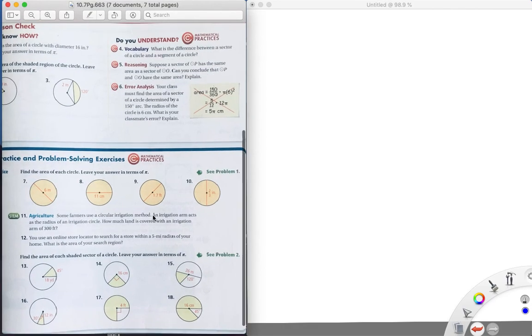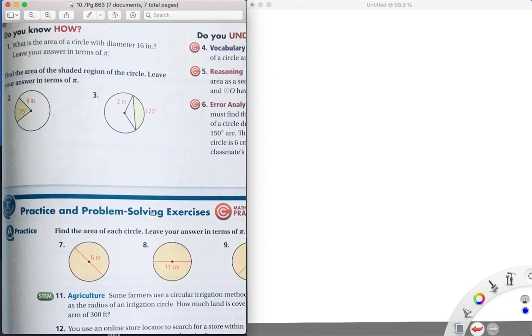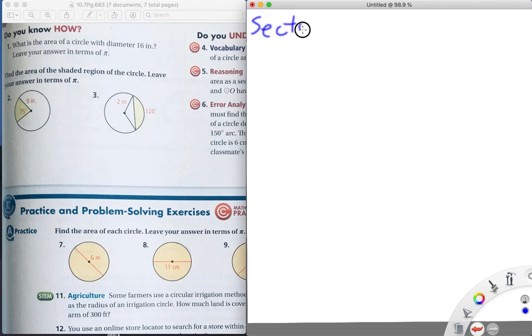Alright, so let's do a couple questions and then we'll be done. This one says to find the area of your shaded circle, leave the answers in terms of pi. So if we look at number 2, they want you to find just the sector. So remember that sector is equal to some arc over 360 degrees times the area of the circle.